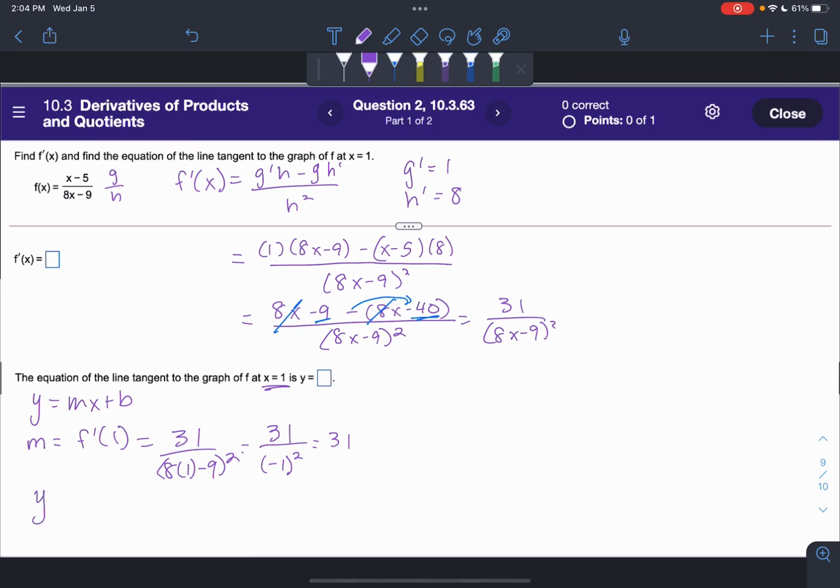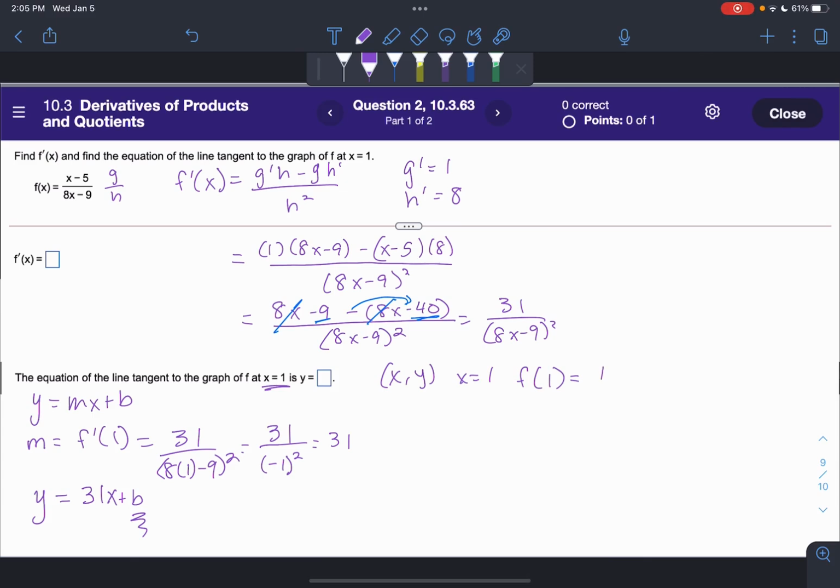So I have almost complete tangent line equation, except I have this y-intercept that I don't know. But we can find that real quick by finding an ordered pair x, y at x equals 1. So f of x, I want to know the y value corresponding.